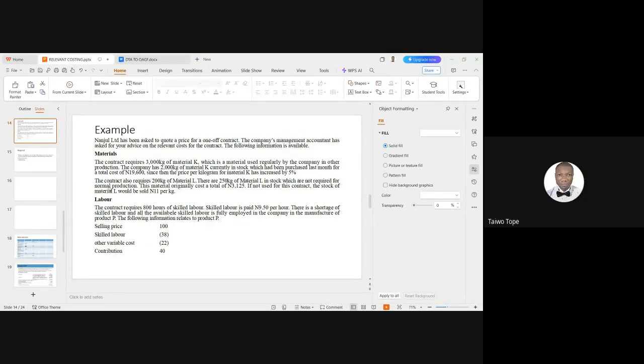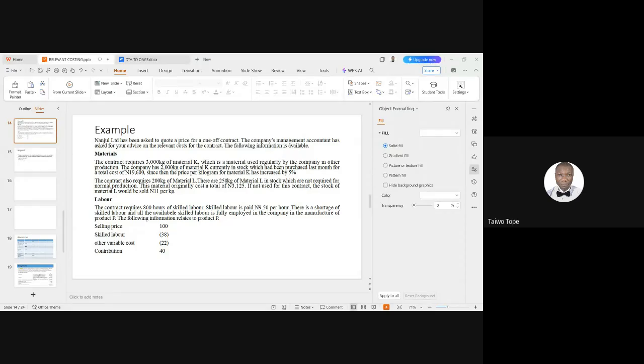The company has 2,000 kg of material currently in stock, which had been purchased last month for a total cost of 19,600. Now, 19,600 is the total cost of 2,000 kg. For you to get the value of 1 kg, what will you do? 19,600 divided by 2,000 kg.